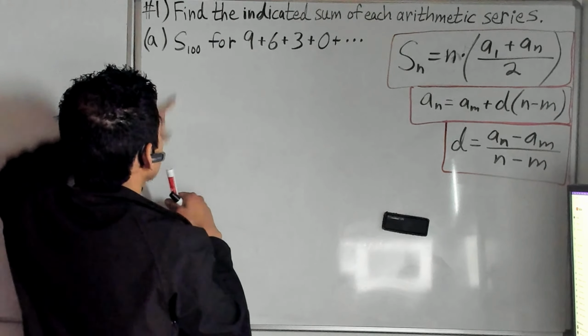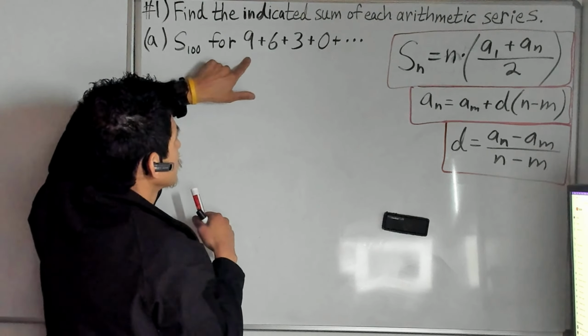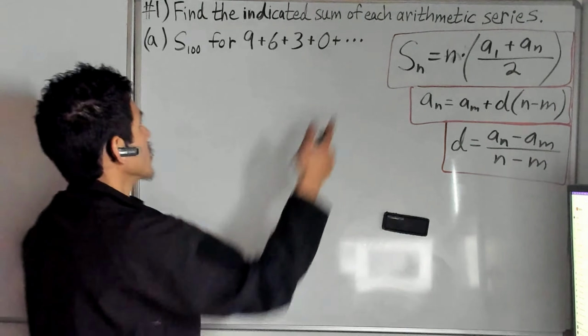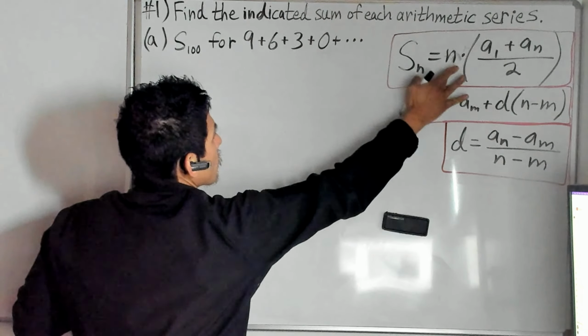We have: find the sum of the first 100 terms for this sequence: 9, 6, 3, 0, and so forth. So we want to find S100.